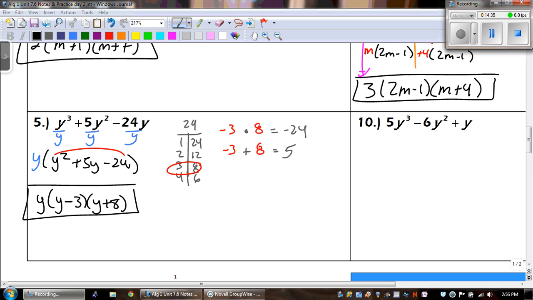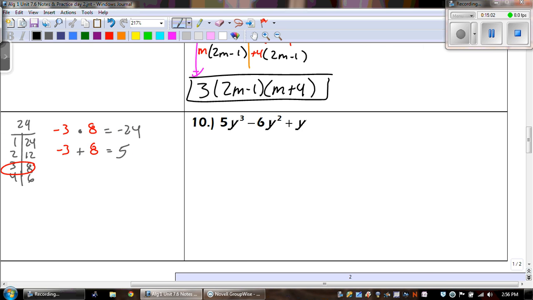Okay, I've multiplied a times c to get negative 24, and the factors that multiply to negative 24 and add to positive 5 are negative 3 and positive 8. Okay, and since my leading coefficient is 1, that means I can do the shortcut. So my final answer is y times y minus 3 times y plus 8.